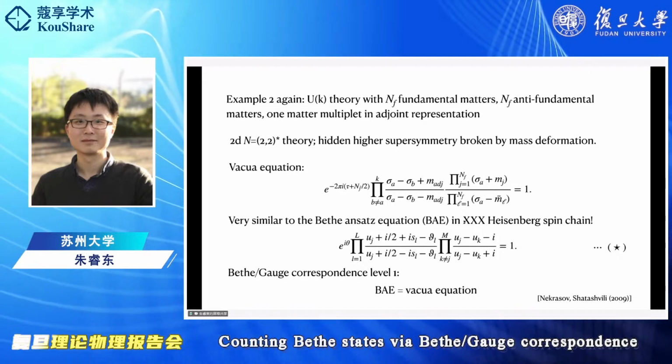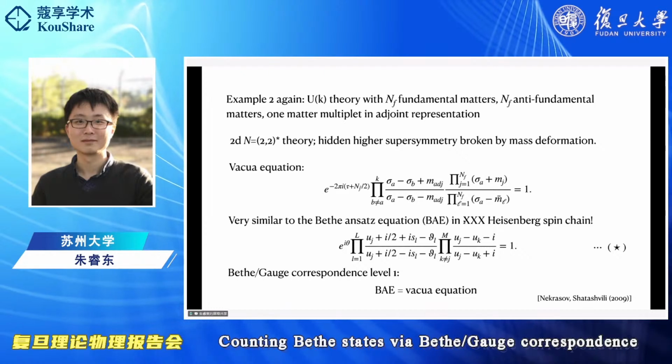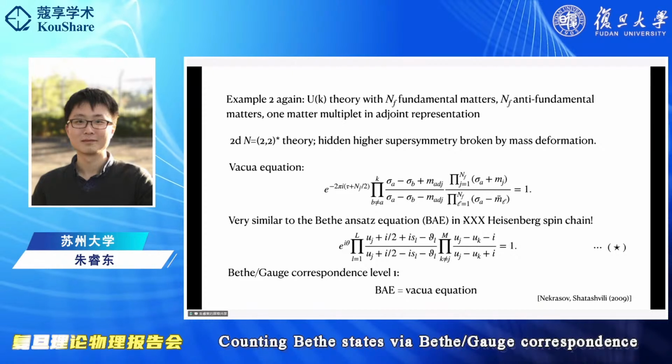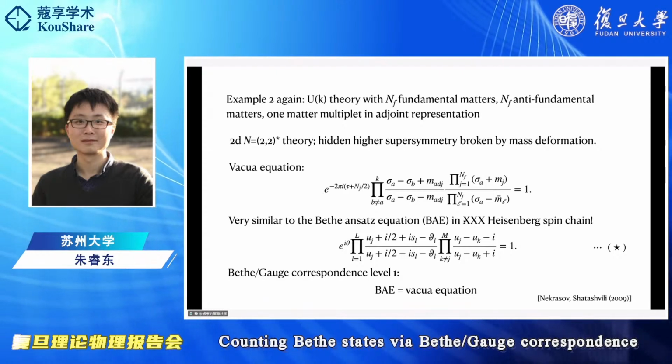Also, for example, there's something we tried to consider a little bit, called TT-bar deformation. It's a deformation that preserves the integrability of the spin chain, but the spin chain will be long-range interacting.